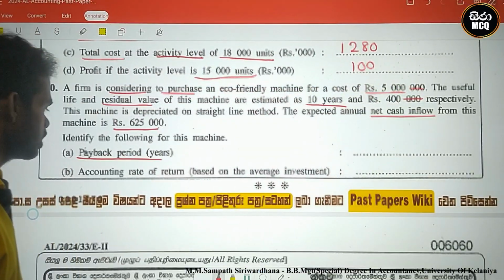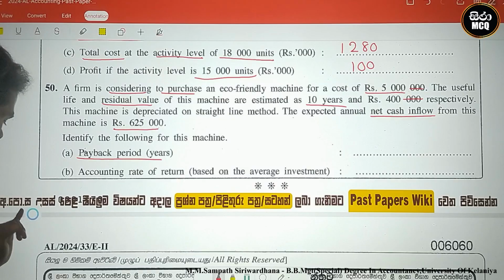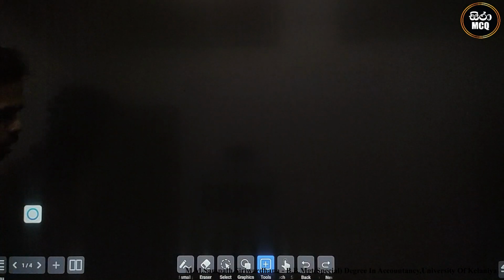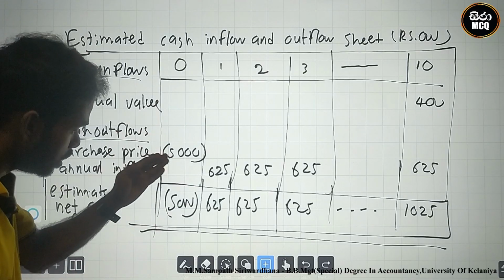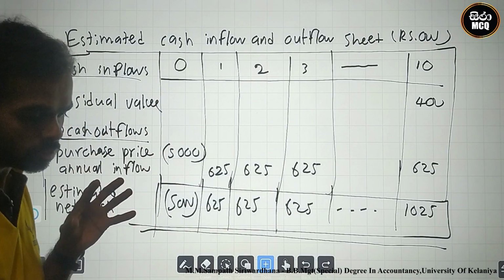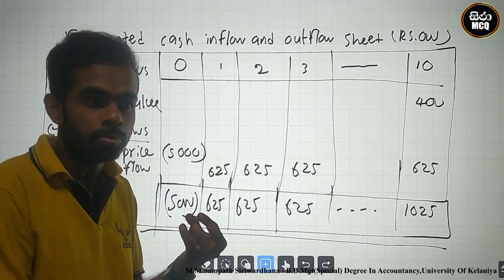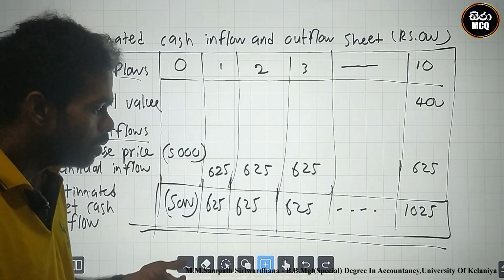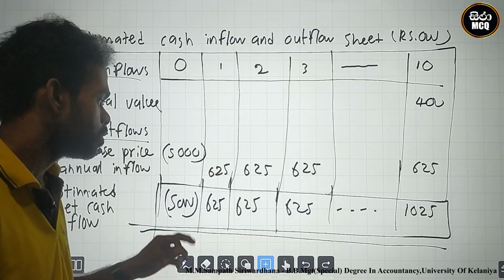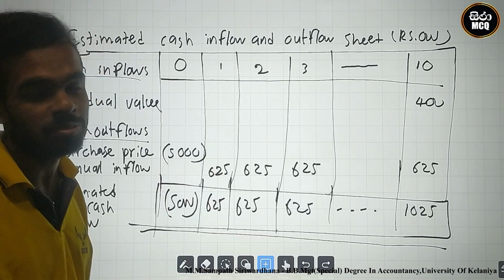First one is the payback period. How can we calculate it? The initial investment in year 0 is 5,000. How many years does it take to cover these 5,000 from annual cash inflows?